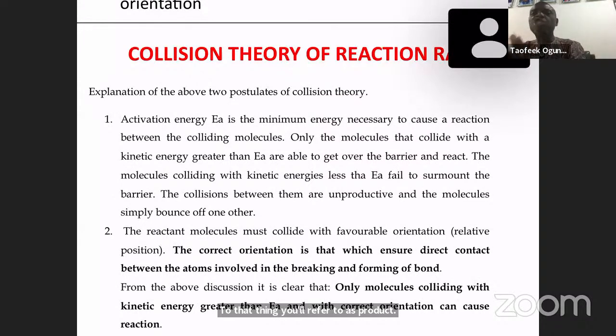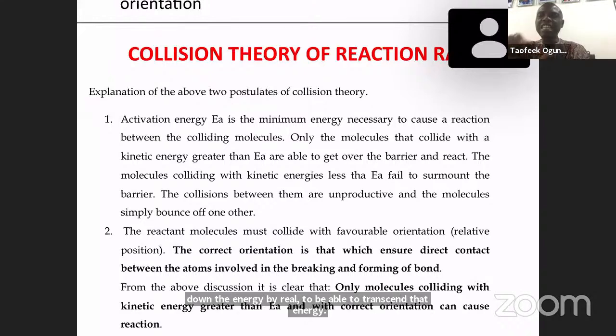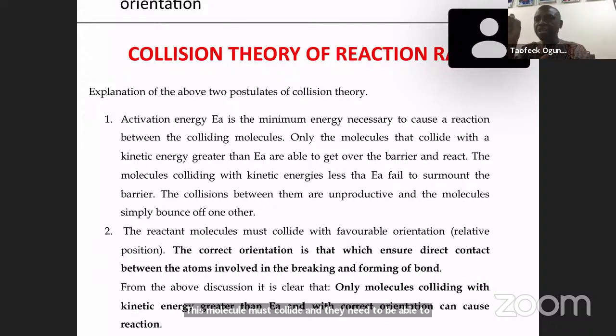To get across or transcend that energy barrier, the molecules must collide with, at the minimum, kinetic energy equal to that energy barrier. That is when they can form product.